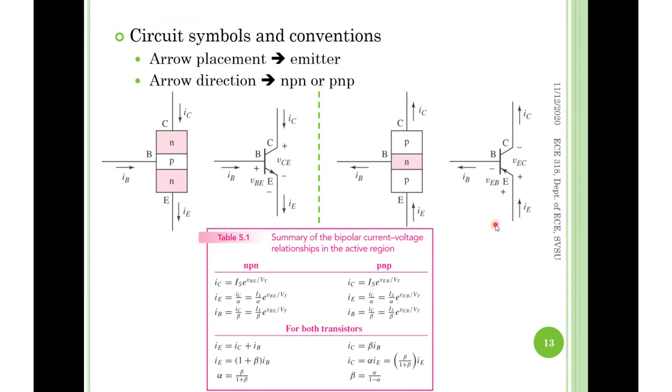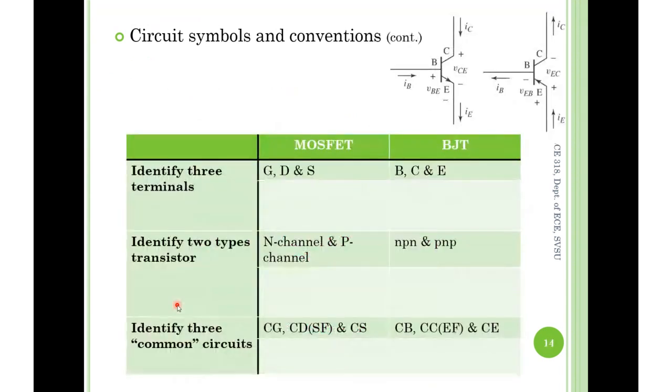So the arrow placement determines the emitter, and the arrow direction determines which type. Any questions? All right, if this is fine, then we can move on.